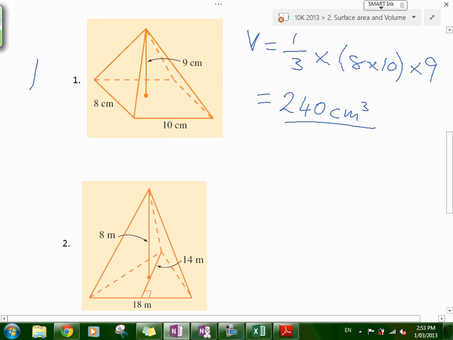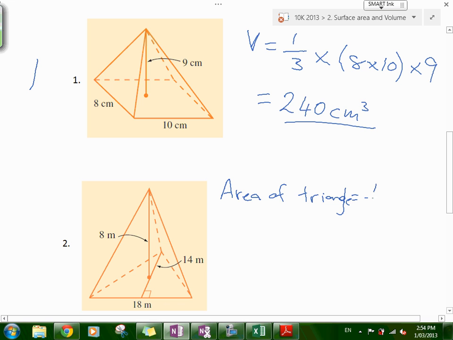Okay. The second one we have here is a triangular pyramid. Adrian, how do you find the area of this triangle of the base? Okay, so area of triangle equals half of 18 times the height, which is 14.